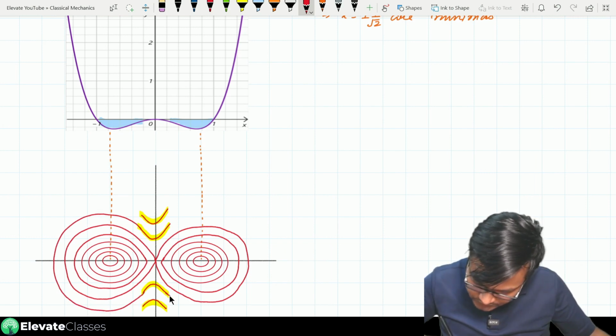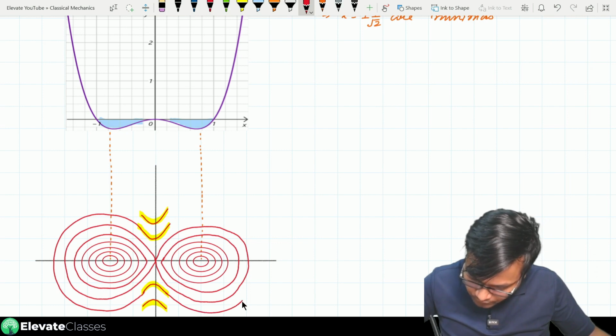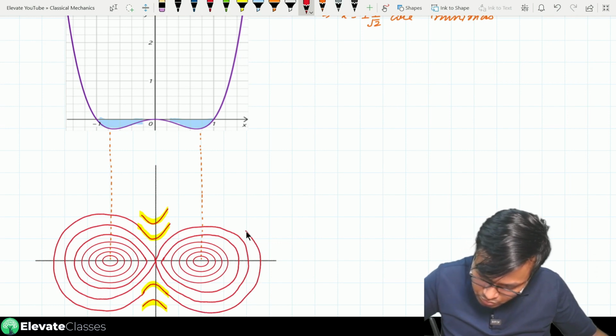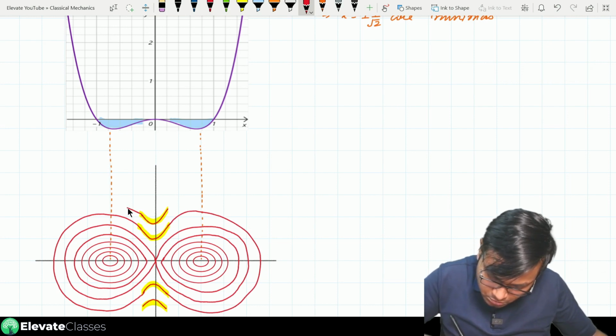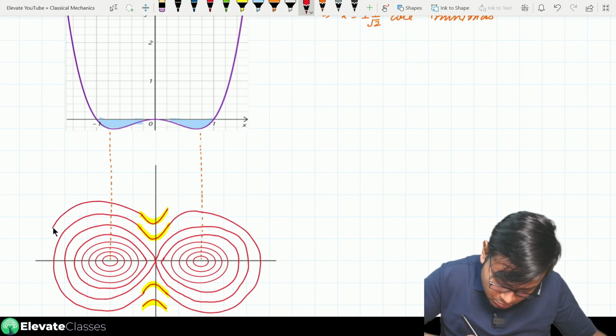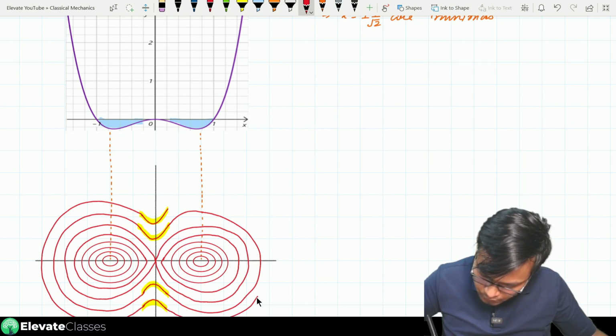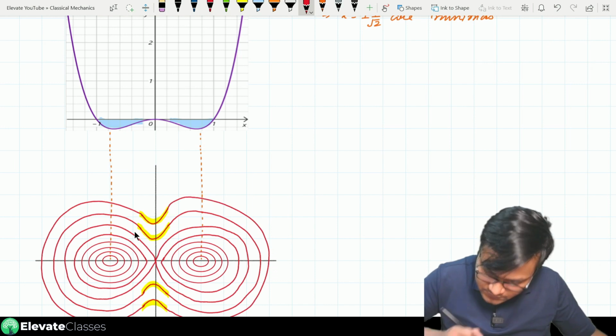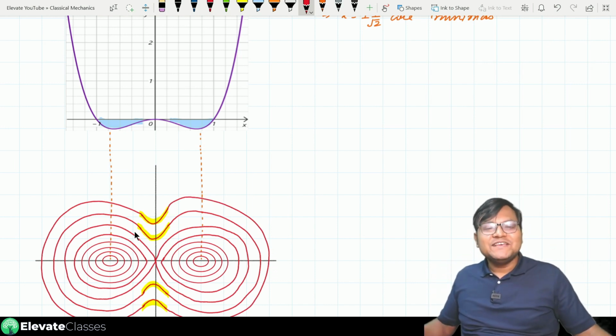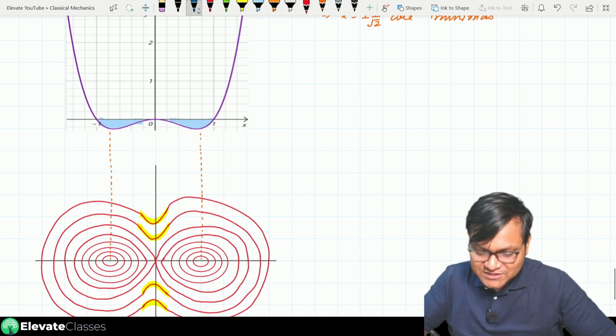So if I continue this curve, there you have it. This is the phase space diagram of a double well potential, guys.